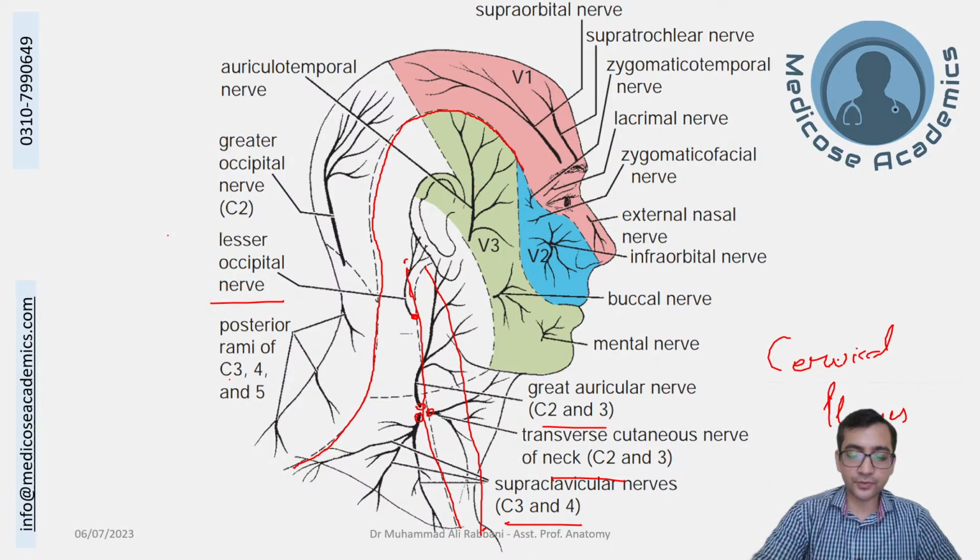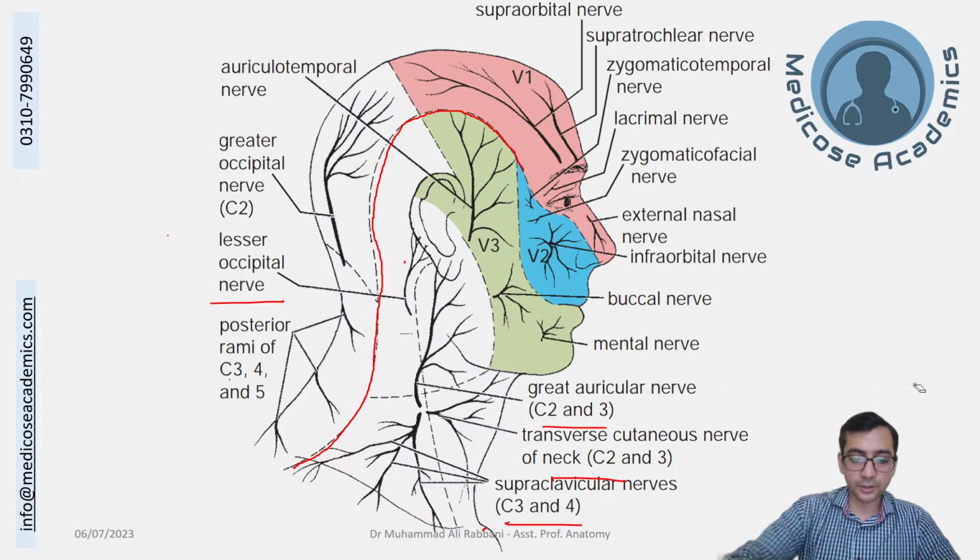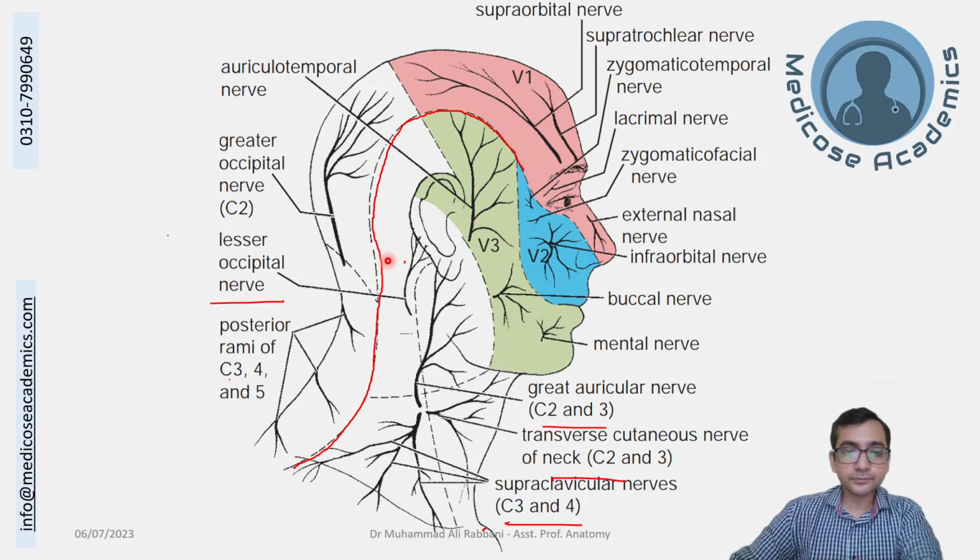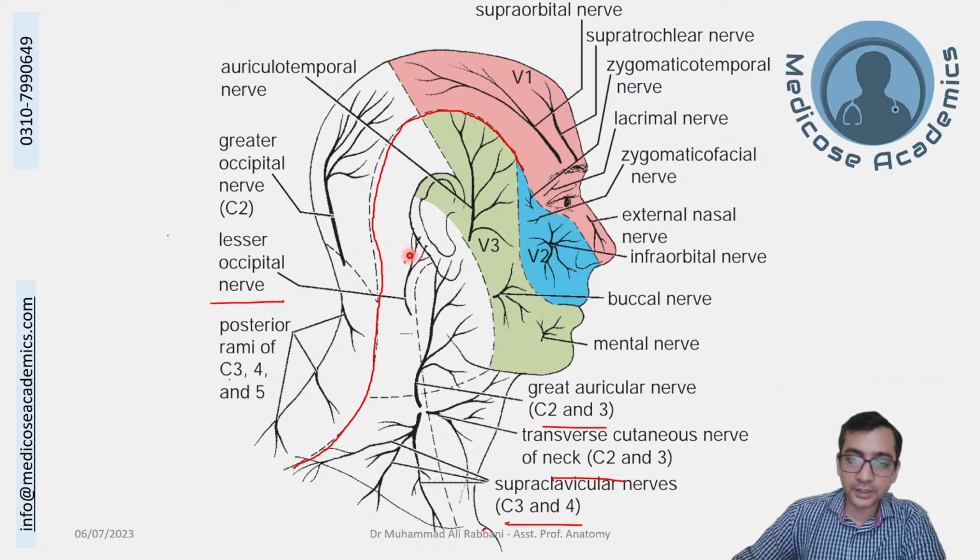So now let's see where all of these four go. After emerging from the sternocleidomastoid, two go up and two go down. Of the two that go up, one goes to the front of the ear and one goes to the back of the ear.